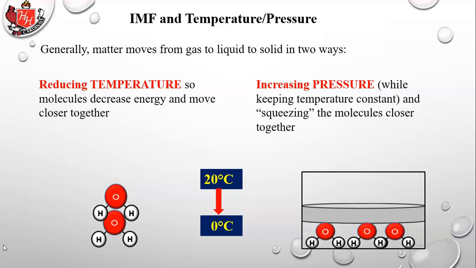So either by reducing temperature or increasing pressure, that's a way you cause molecules to come together. If you did the opposite, it would allow them to come apart. If you increase the temperature, as we said earlier, like boiling water, or if you reduce the pressure that's on the molecules, it would make them better able to come apart from each other.